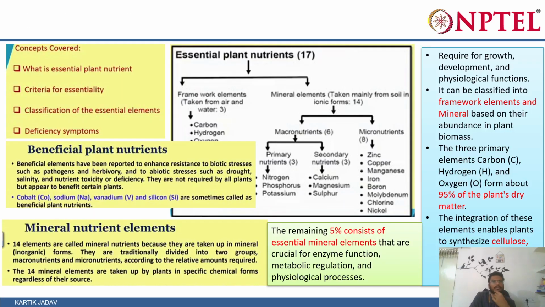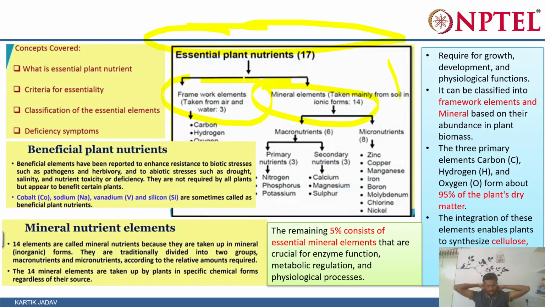Next question. So yeah, this is the fundamental of plant essential nutrients. We have already discussed that essential plant elements are divided in two parts. The one is the framework elements and second is mineral elements. So framework elements are C, H and O, that is carbon, hydrogen and oxygen, while mineral elements are again divided into two parts, that is macronutrient and micronutrient.